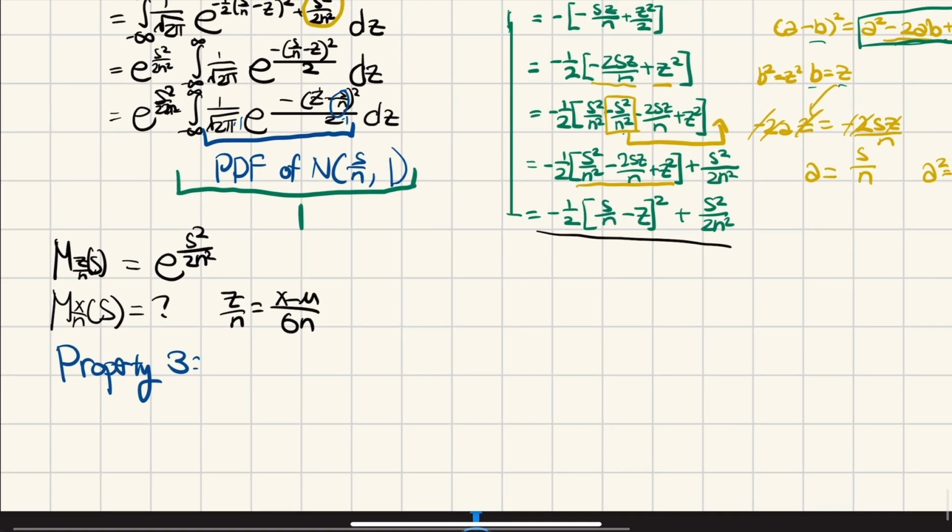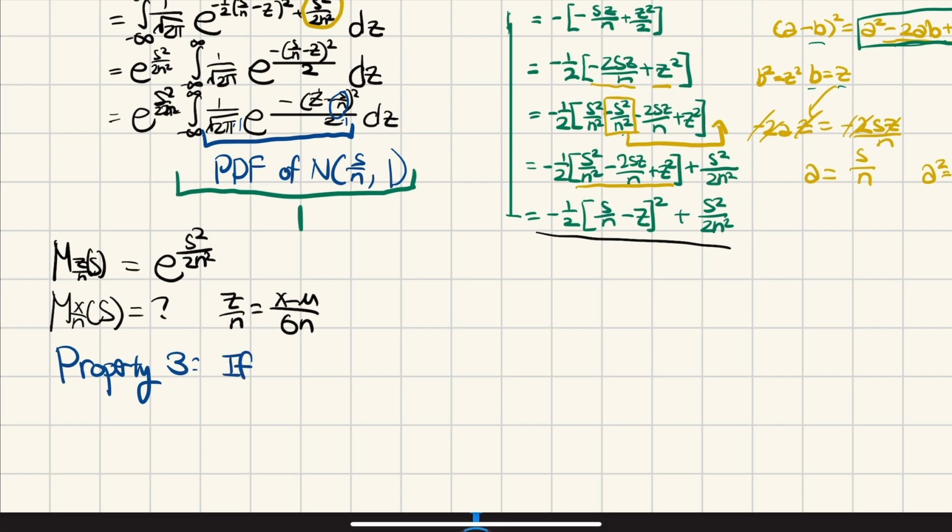It states that if Y equals aX plus b, then the moment generating function of Y equals e to the power of sb multiplied by the moment generating function of X at sa.